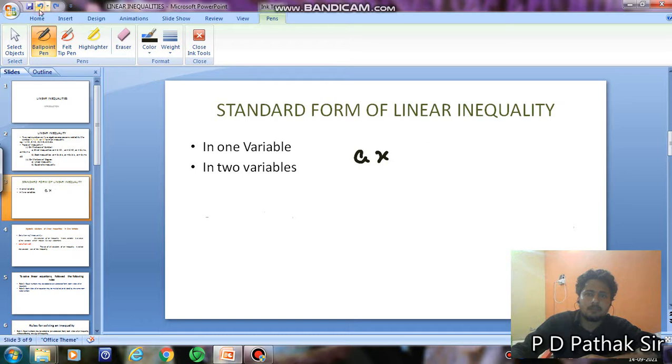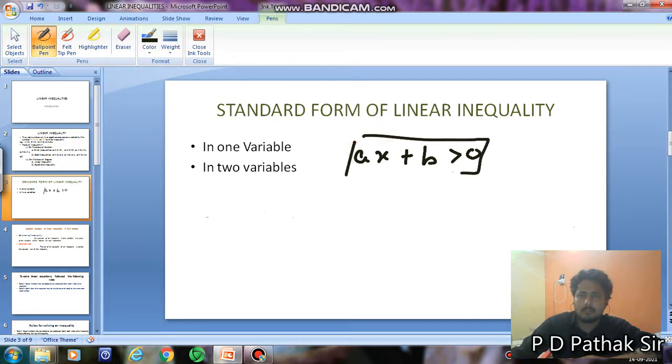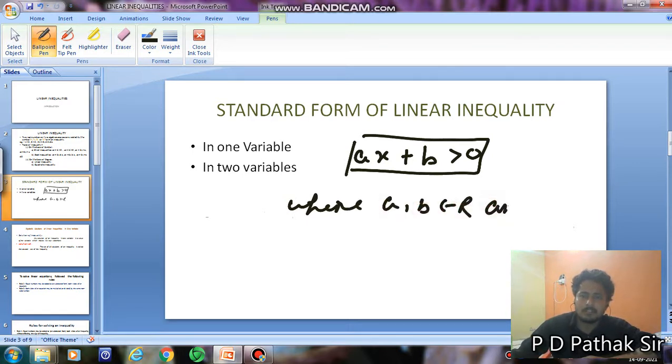So the standard form of linear inequality in one variable is ax plus b greater than, less than, greater than equals to, or less than equals to 0, where a and b belong to R and a must not equal 0.